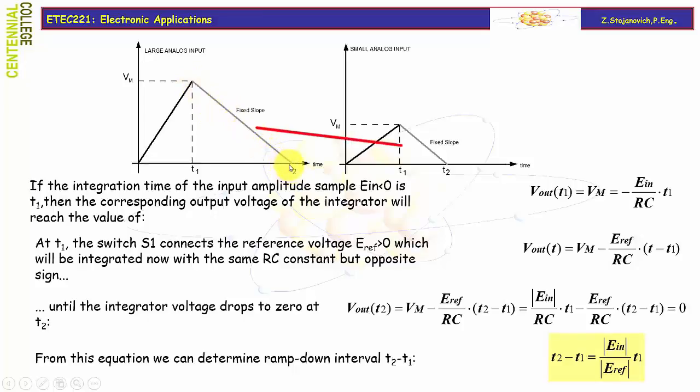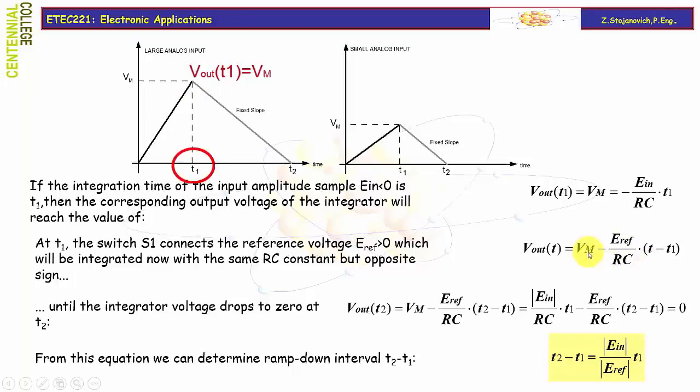The characteristic of ramping down is that it always has a fixed slope because RC is constant and EREF is constant as well. Whether we have a high amplitude of the input sample or low, the ramping down happens with the fixed slope.